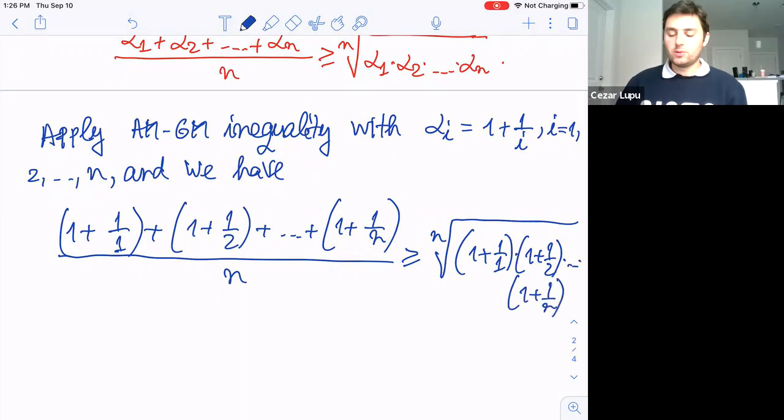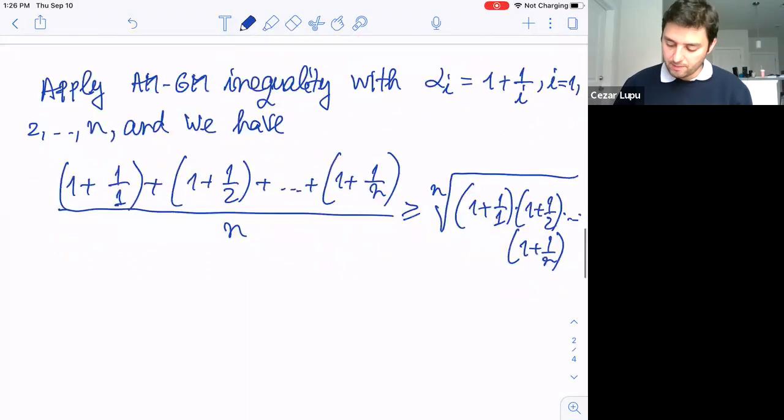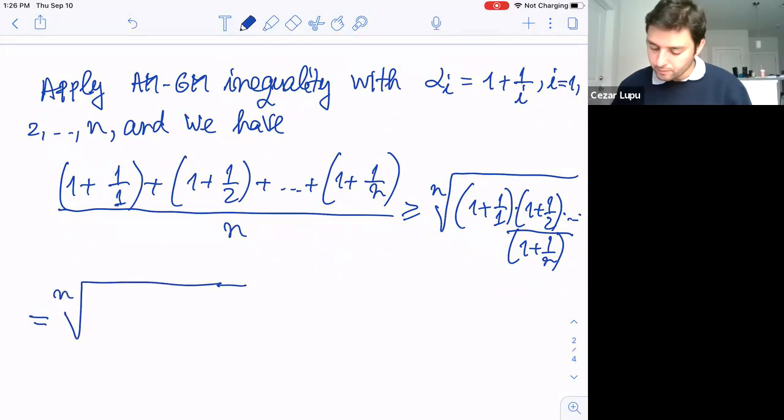And now let's do the computations here. This guy is the n-th root of, and now let's see, 1 plus 1 is 2, times the second one, 3 over 2, times 1 plus 1/3, which is 4/3. Wow.